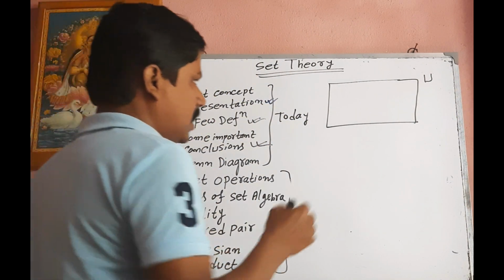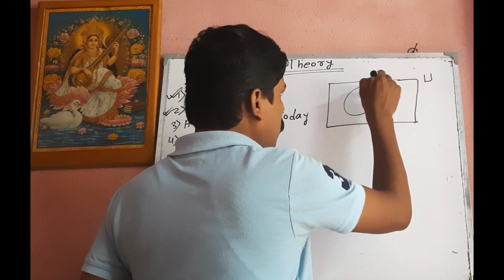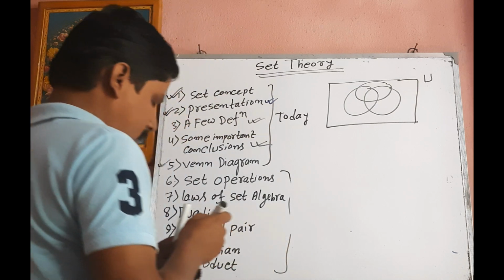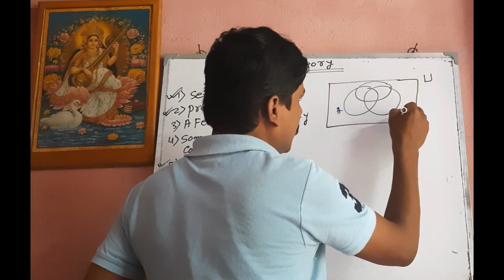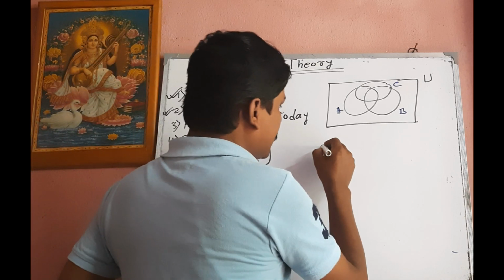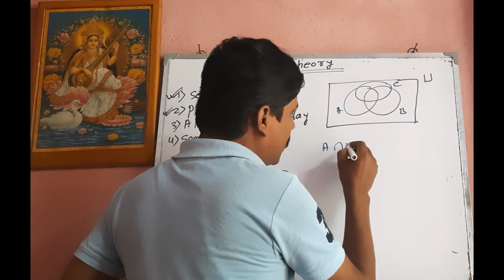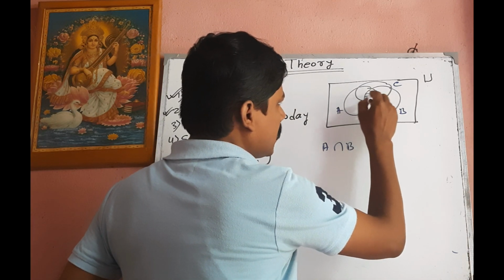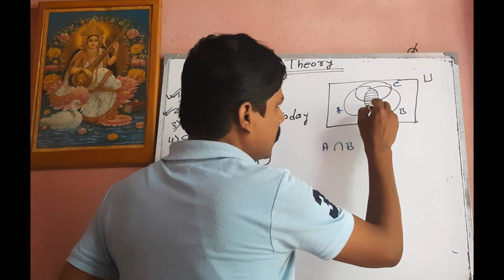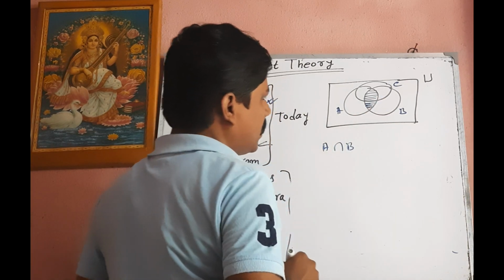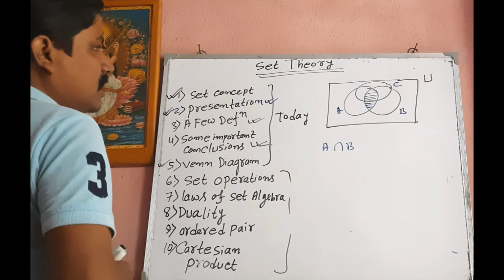And suppose this is A, this is B and this one is C. When you are discussing A intersection B, this is A intersection B.